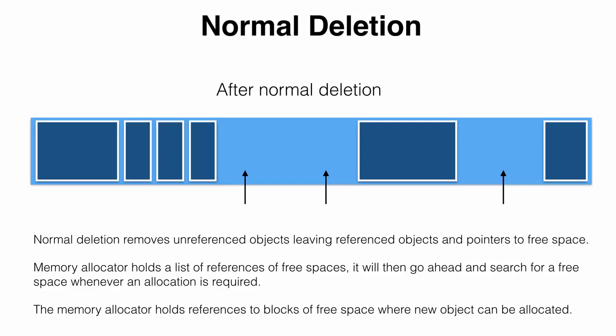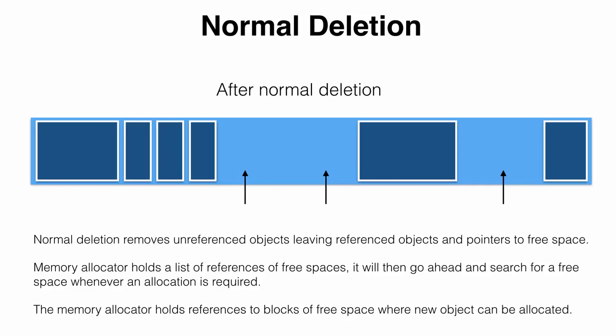It searches for free memory and then allocates, and it leaves a reference to say, look, we've got these free spots after normal deletion. But in my view and many people's view, this is not that optimized, and there's a better way to do this, which we'll go into next.